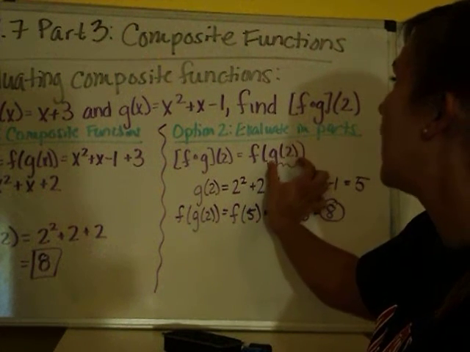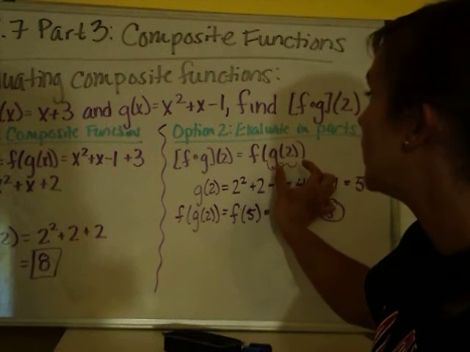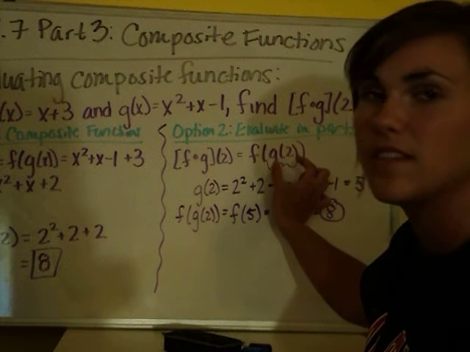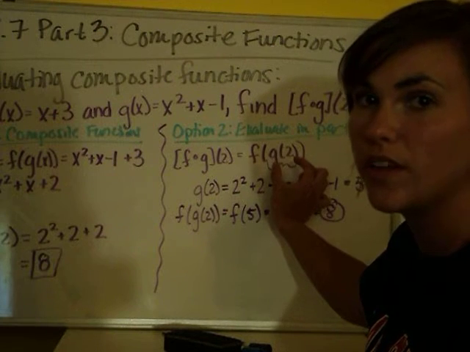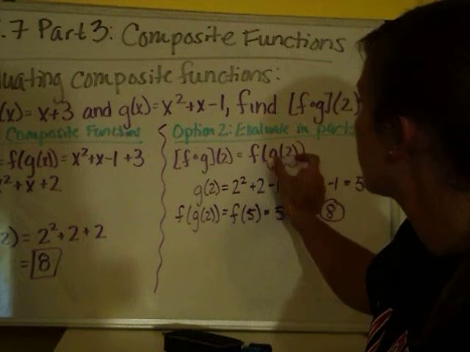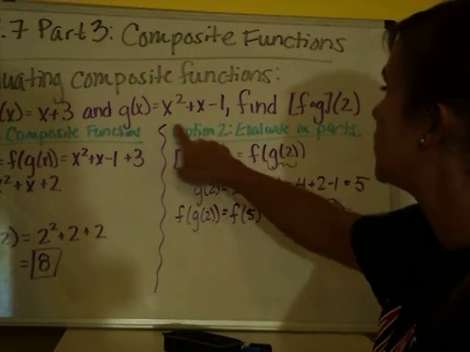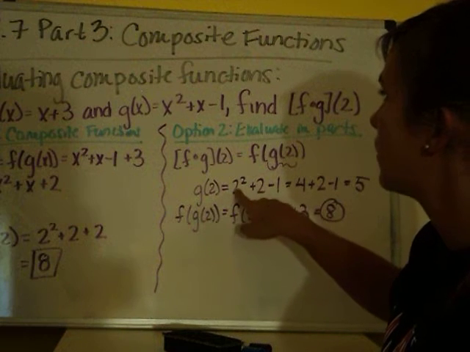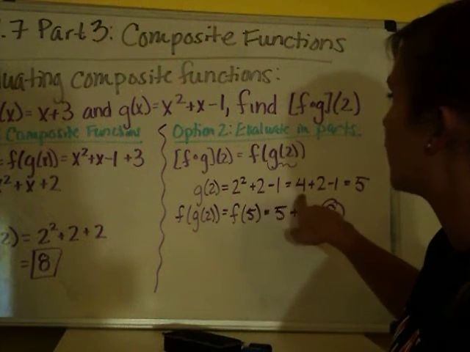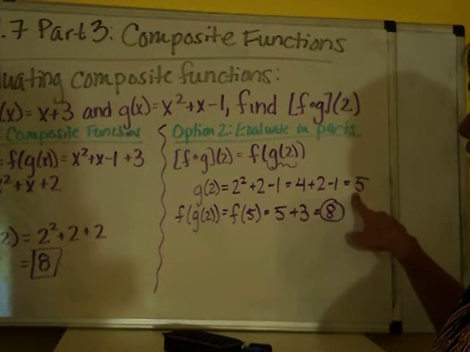We can evaluate g of 2 first. We can either use synthetic substitution or regular substitution, and I used regular substitution here. If we're calculating g of 2, we take our g of x and put a 2 wherever we see an x. So we'll have 2 squared, which is 4, plus 2 minus 1, and that gives us 5.